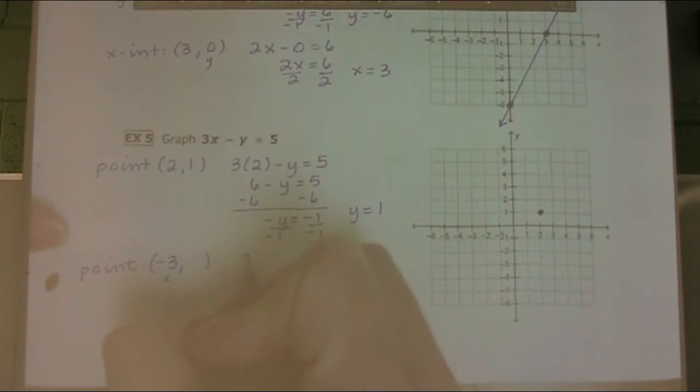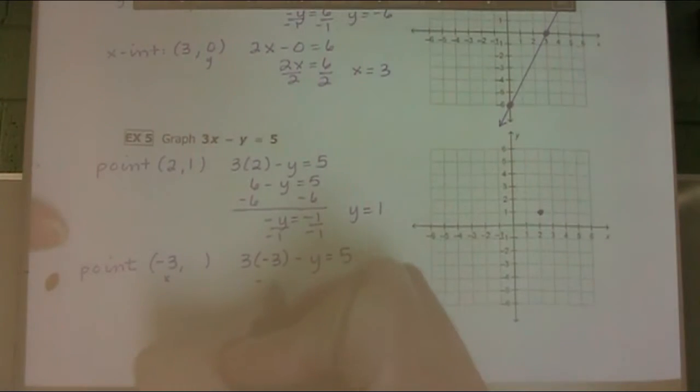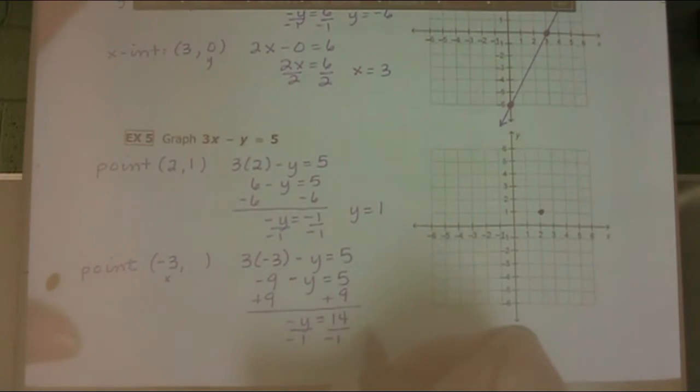So I've got 3 times negative 3 minus y equals 5. This is negative 9 minus y equals 5. Add 9 to both sides. And I have negative y equals 14. Divide both sides by negative 1, and I have y equals negative 14.